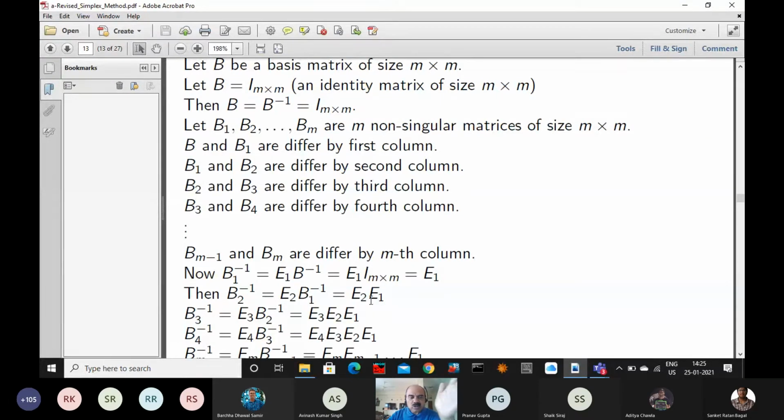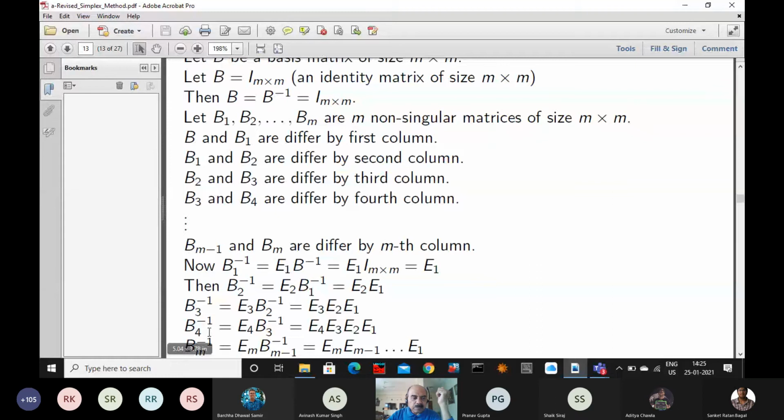This is a product of 2, if you are changing 2 columns. If you are changing 3 columns, B3 inverse equals E3 into B2 inverse. What is B2 inverse? E2 into E1. So ultimately B3 inverse equals E3 into E2 into E1. Similarly, B4 inverse equals E4 into E3 into E2 into E1. We leave out B because it is the identity matrix on the right.